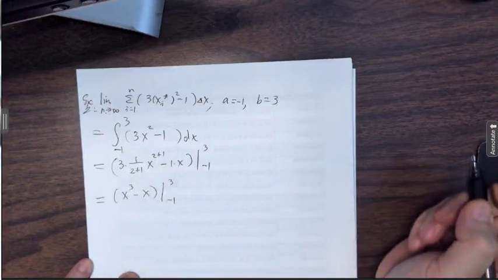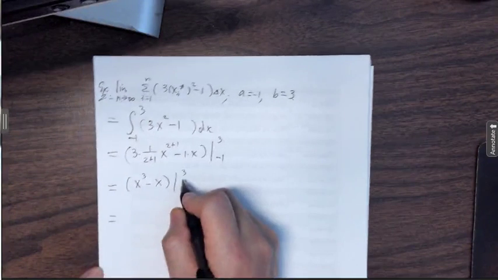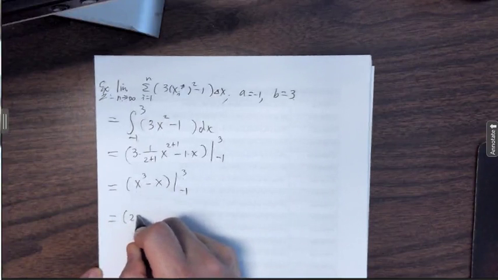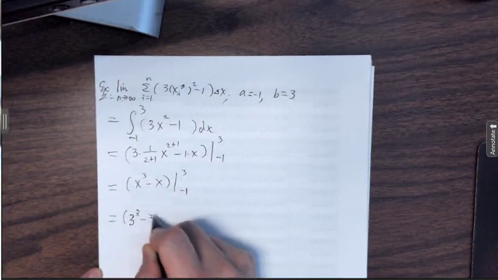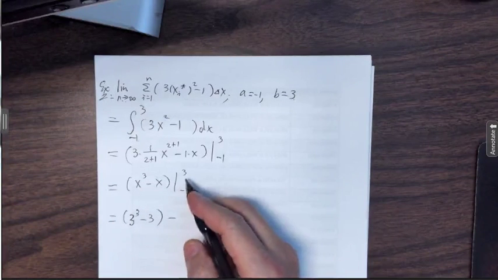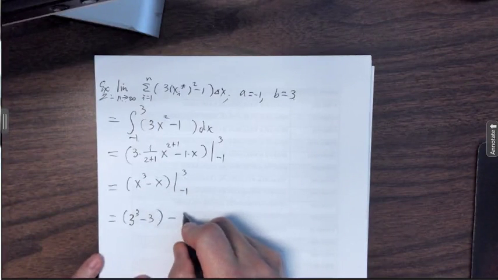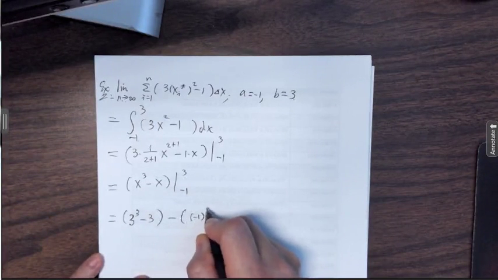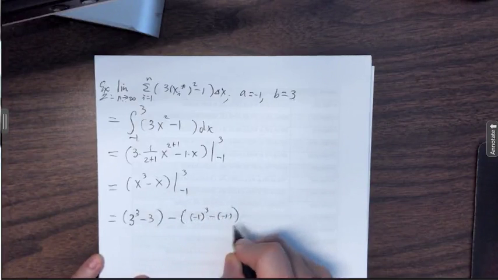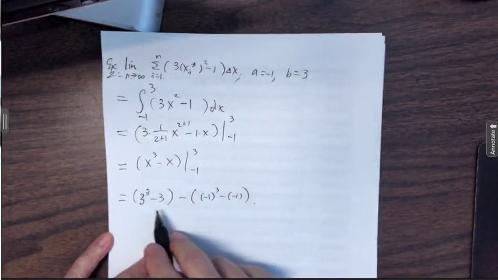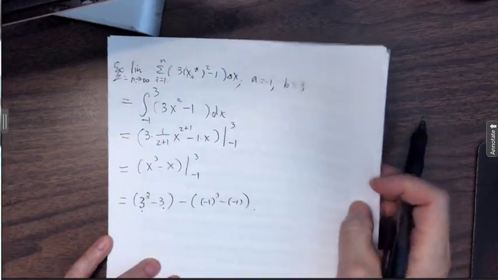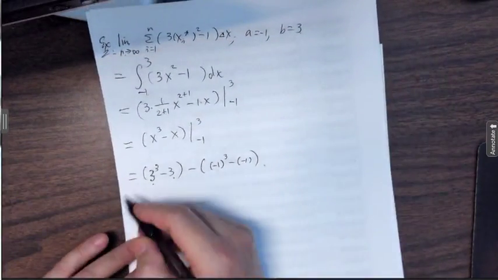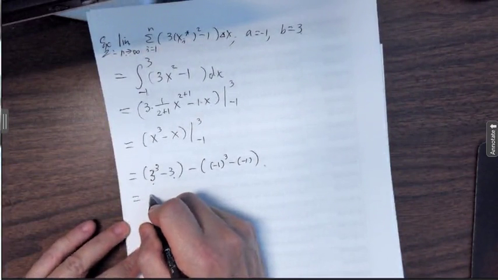Evaluate from -1 to 3. Plug in 3 to the third power minus 3. Remember, plug in the upper limit for x first. Upper limit for x, lower limit -1 for x. And just simplify.